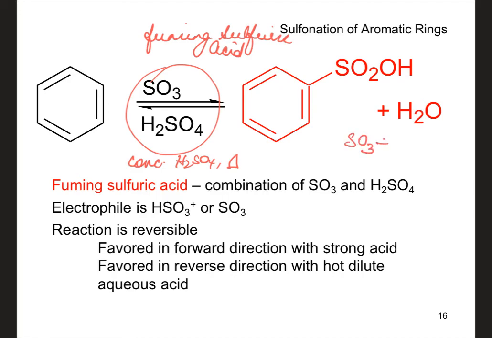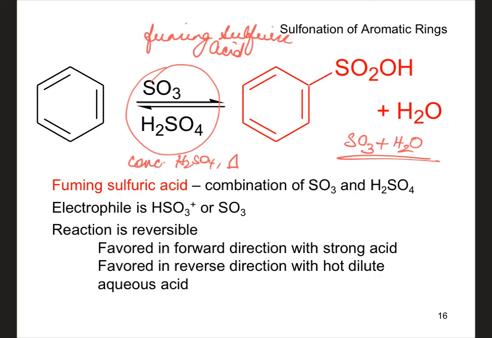SO3, they want that present in our reaction mix. Now, SO3 is sulfur trioxide, which you may have heard about in the past through acid rain, right? That's one of the acidic oxides that is generated by the industrial effluent, and when it reacts with the moisture in the atmosphere, SO2 will generate H2SO3, SO3 will generate H2SO4.